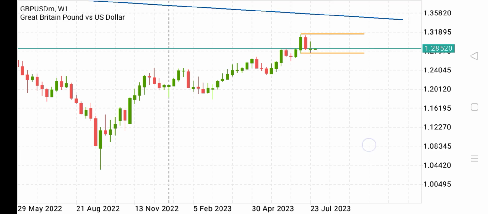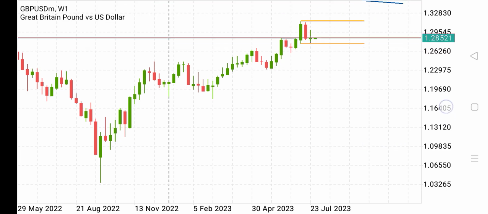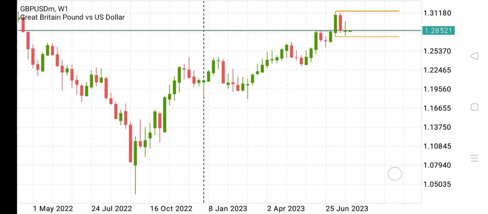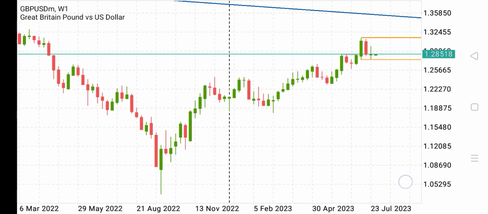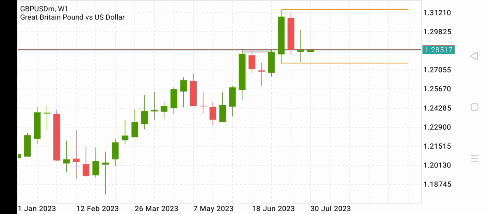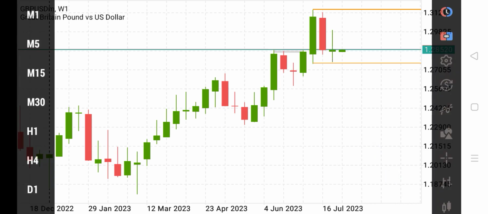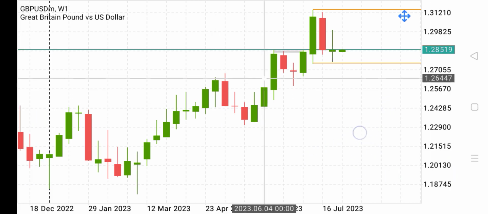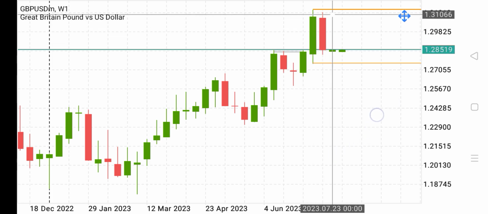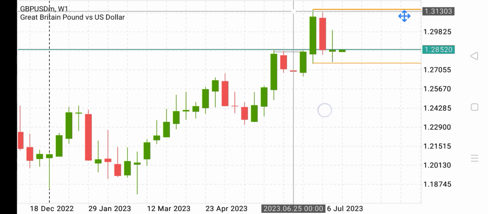So what are we seeing now? Now we can see that there was something really formed. Let me get my arrow. There's something very interesting that has formed on the weekly time frame.